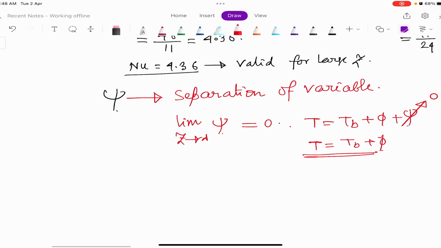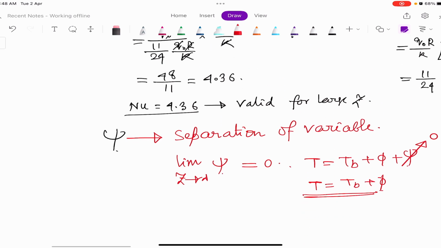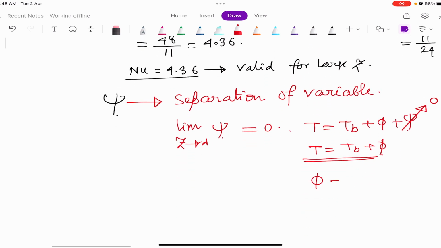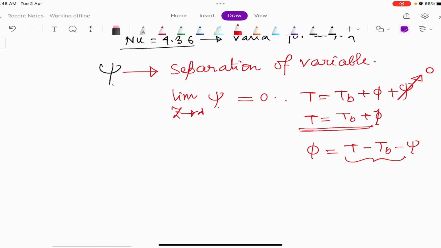So you see my actual definition of phi was phi equals T minus Tb minus psi. Then you can argue that yes, T is a function of both r and z, Tb is a function of z only, and psi is a function of both eta and z, or r and z.